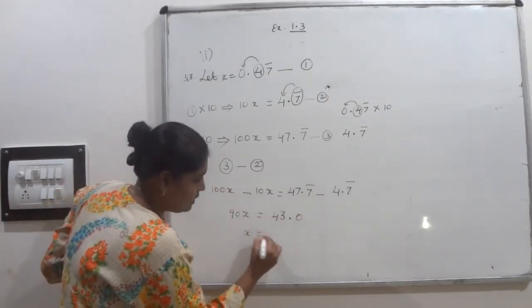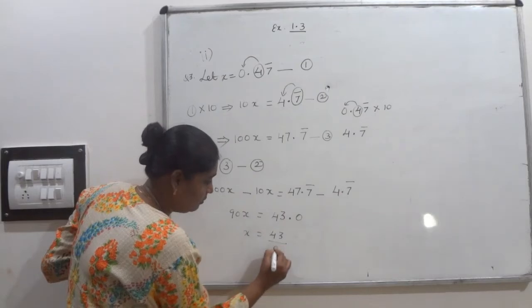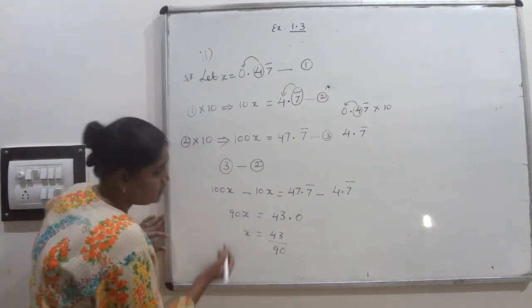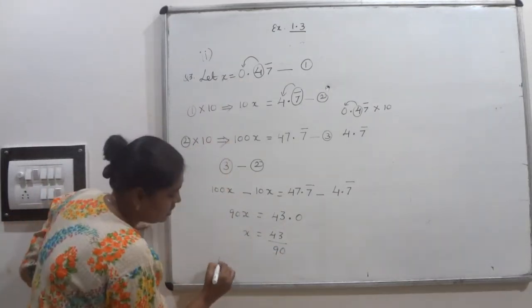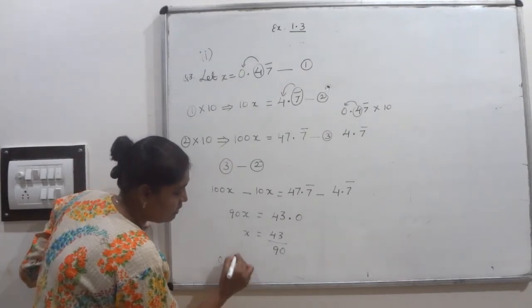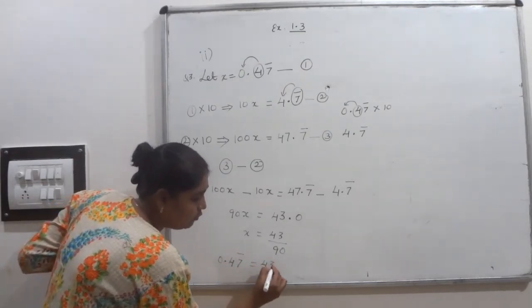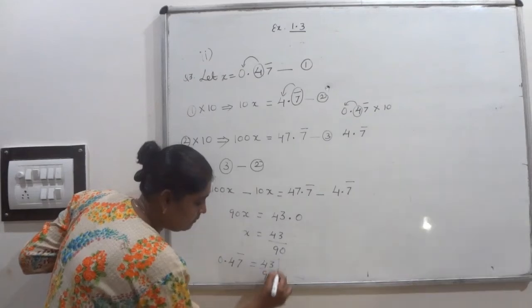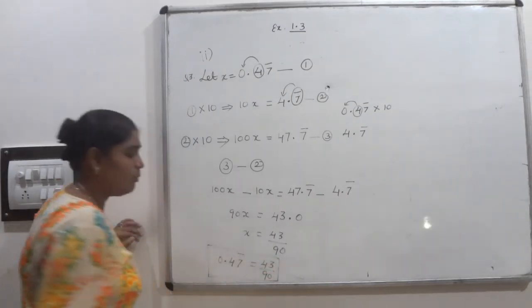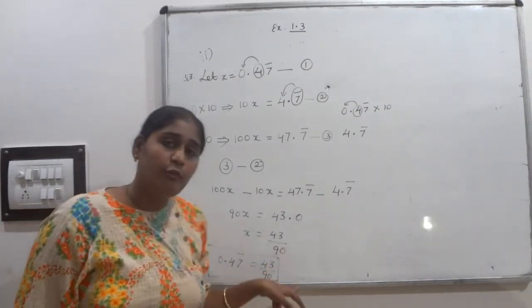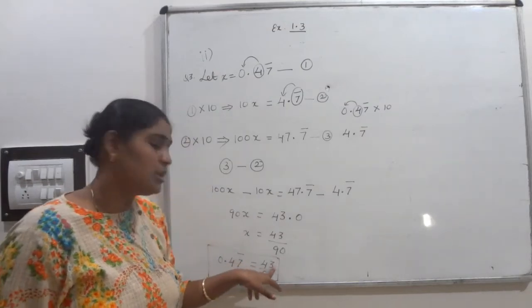So x equals 43 upon 90. So 0.47 bar equals 43 upon 90. Now I have written 0.47 bar in the form of P by Q, that is 43 upon 90.